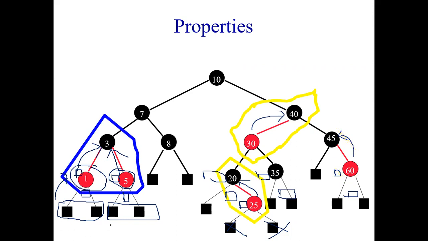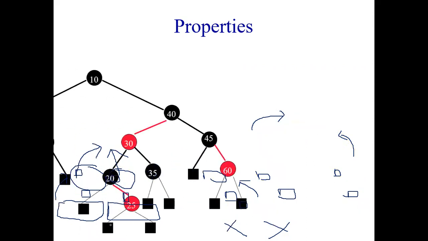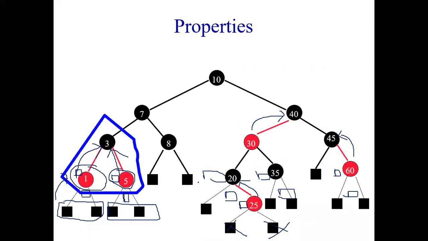Here two nodes are not merging. See here, only this node got merged here. So we can say that this 20 will go up. So this 25 will come here, again 25 will come here.